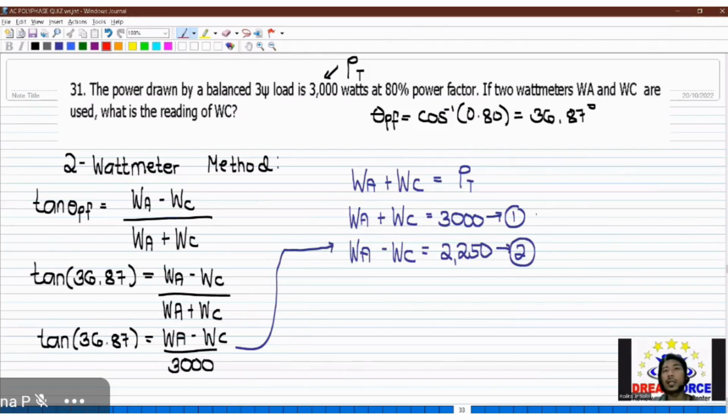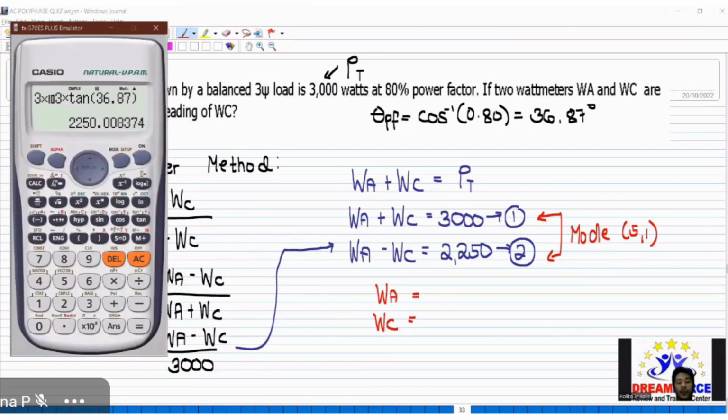So we have 2 linear equations with 2 unknowns. Pwede kang gumamit ng elimination, ng substitution, or pinakamabilis, gamit na lang tayo ng mode 5.1. From your algebra, pwede nating makuha yung values ni wattmeter A at saka ni wattmeter C. Yan na po yung ating answer. So let's use mode 5.1.